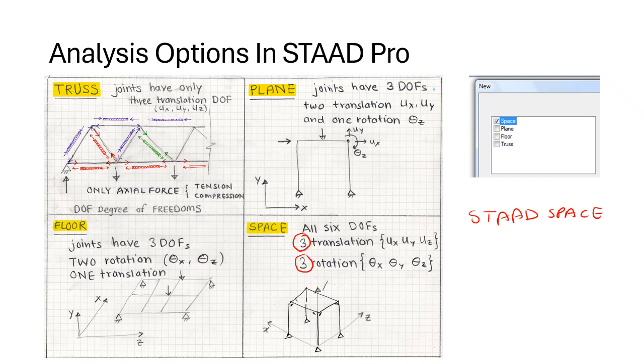But if I just want to perform a continuous beam analysis, which is a 2D analysis, I can specify STAAD plane. Plane has 2 translation degrees of freedom, translation in X and Y, and rotation about Z.